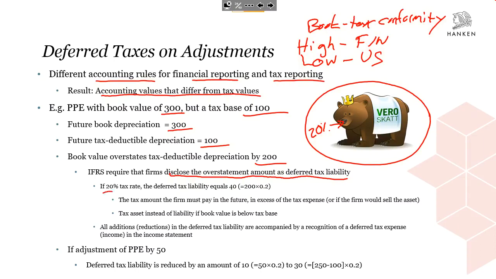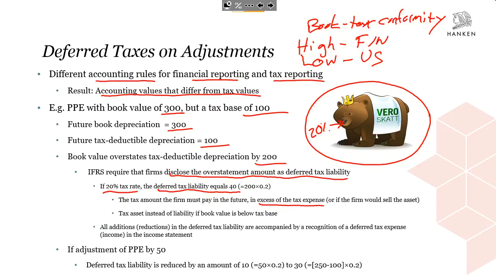With a 20% tax rate, in our example the deferred tax liability would be 40, because 200 times 20% is 40. This is the tax amount the firm must pay in the future that goes above the tax expense. That's why we need to record it as a liability.